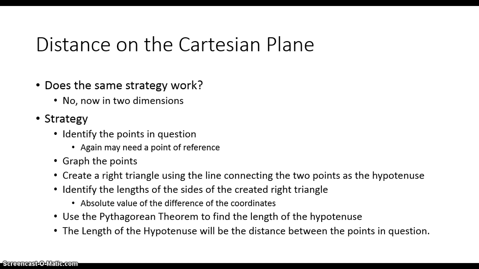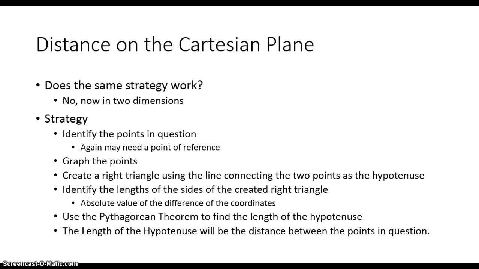Again, we need to identify the points in question, and this may also need a point of reference for us to plot these points. We need to then graph the points, create a right triangle using the line connecting the 2 points as the hypotenuse. So I have 2 points, I connect those 2 points with a line, and then create a right triangle off of that line, using that line as the hypotenuse.